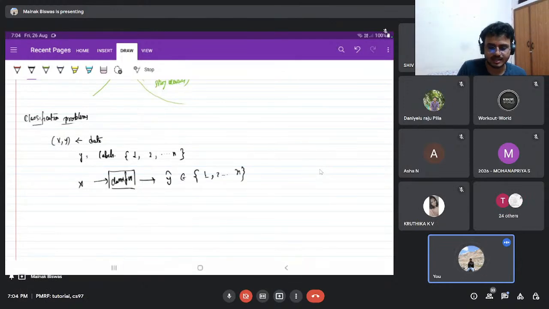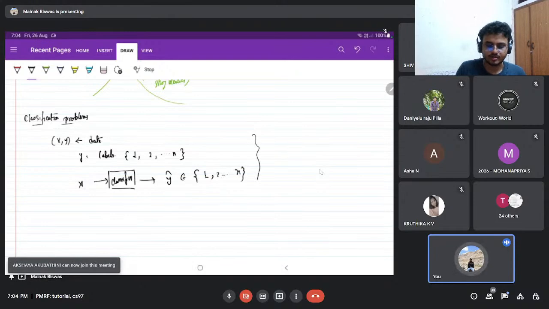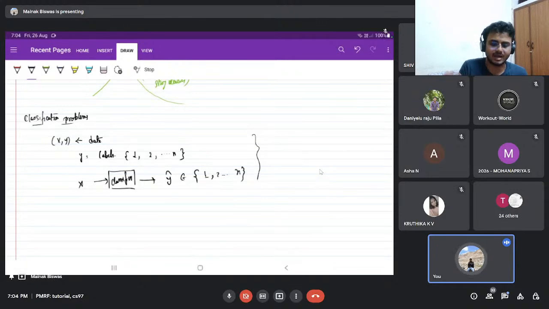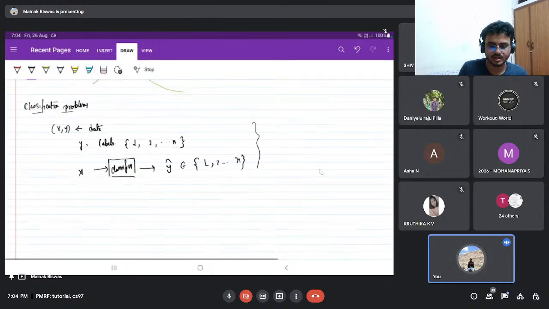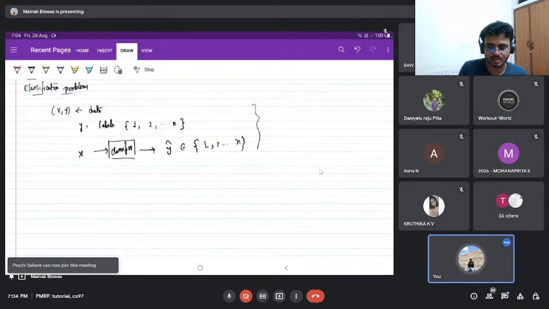This is the work of the classification problem. Generally today we'll be dealing with the binary classification problem. If there are more than 2 classes, we can always extend it by using softmax instead of logistic regression. We'll come to that next week when we do neural networks.